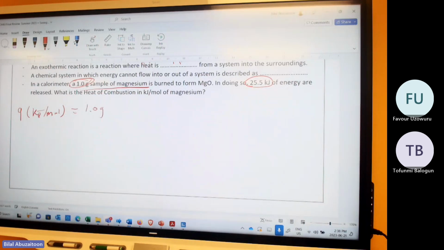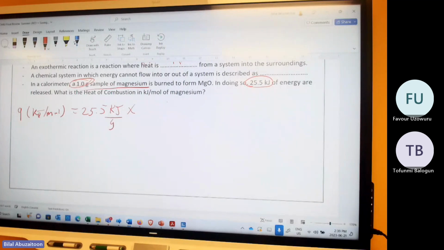Crazy. 1 gram Mg times 1 mole over 24.31 grams. That's what you get, times 25.5.